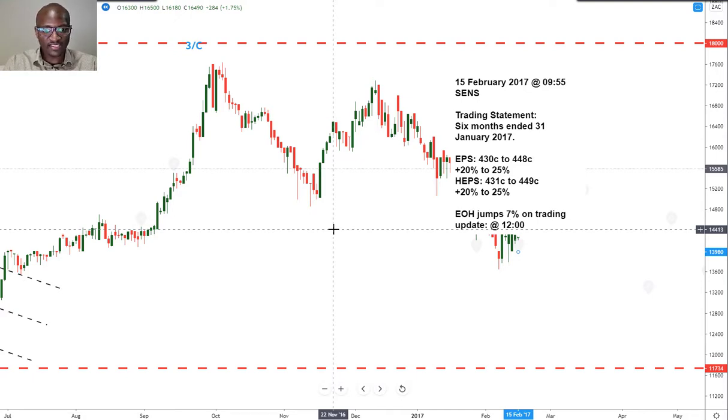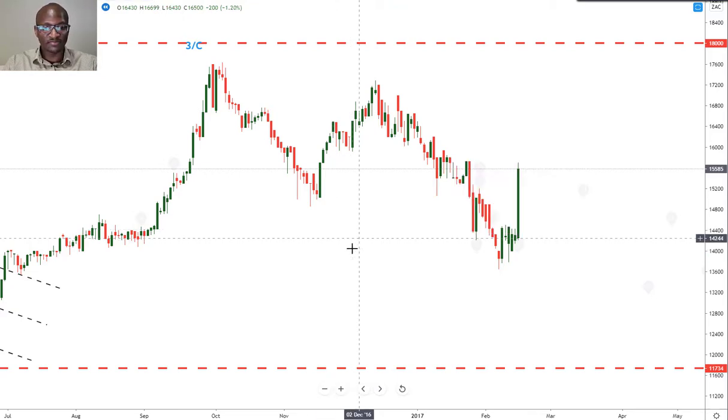Again, fantastic results. Earnings per share up 20 to 25%. Headline earnings per share up 20 to 25%. And later on that day, there was a news article with the headline, EOH jumps 7% on trading update.